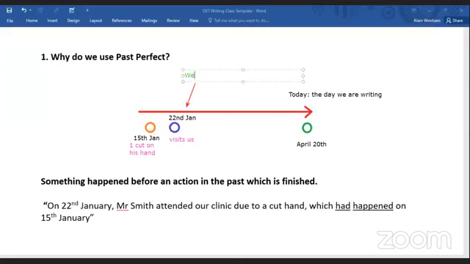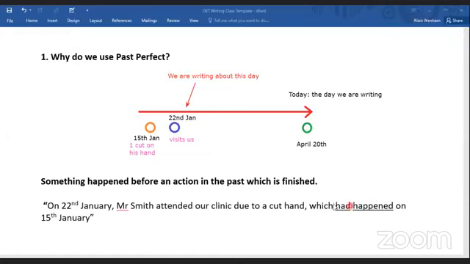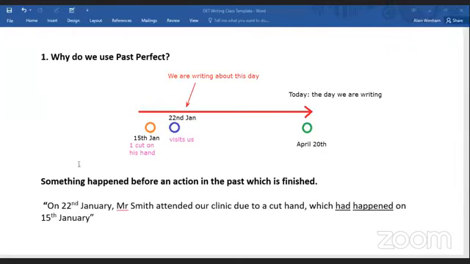Like, in this example, which had happened, can we use it in the first sentence and then follow with the second past event? This is a good point. In this case, it's a relative clause, so you can't start the sentence with a relative clause. But I think your point is right. Because of past perfect, it doesn't matter which way round you say the sentences. So let's do it like this, just to show your point.